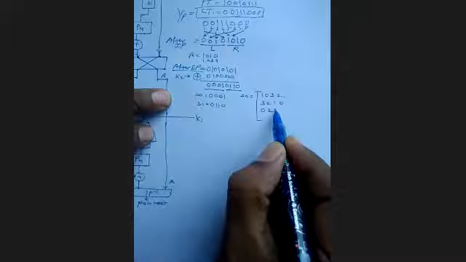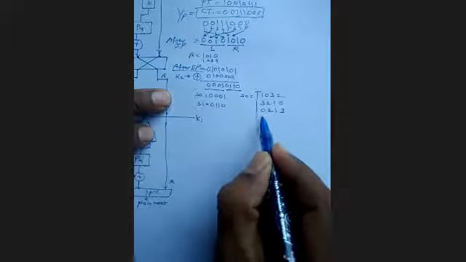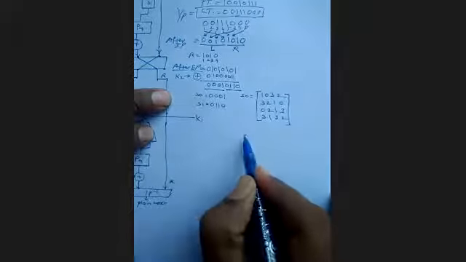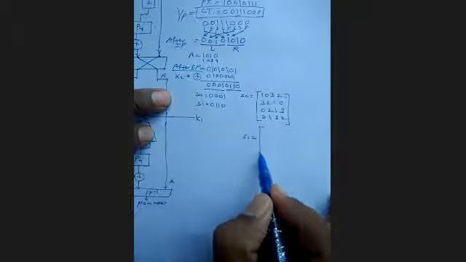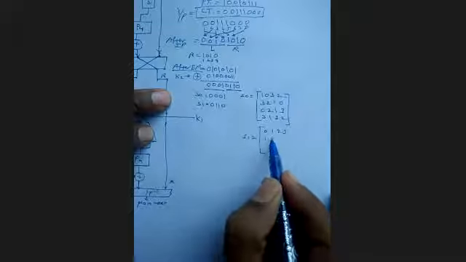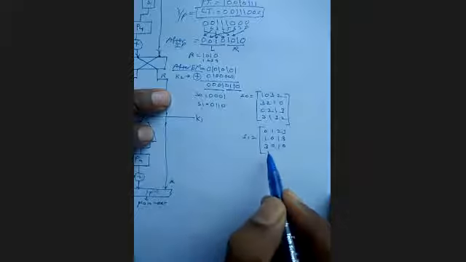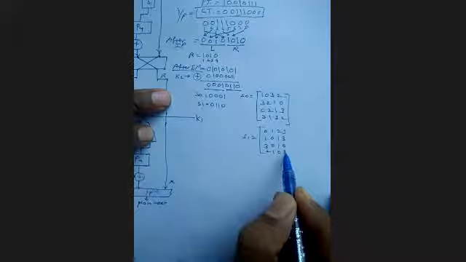Third row 0213, and fourth row 3132. Got it? Now what is the value of the S1 matrix? S1 has 0, 1, 2, 3, then 2, 0, 1, 3, then 3, 0, 1, 0, then 2, 1, 0, 3. So these are the values for the S0 and S1 matrices.